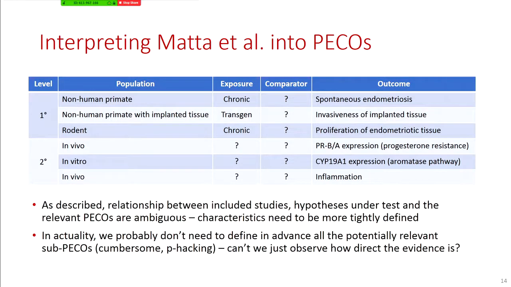As described, the hypotheses under test and the relevant PICOs are actually quite ambiguous. So if we were doing a systematic review, we'd want these to be much more tightly defined. But there's a question of whether it's actually worth doing this, because there could be hundreds of these statements potentially.